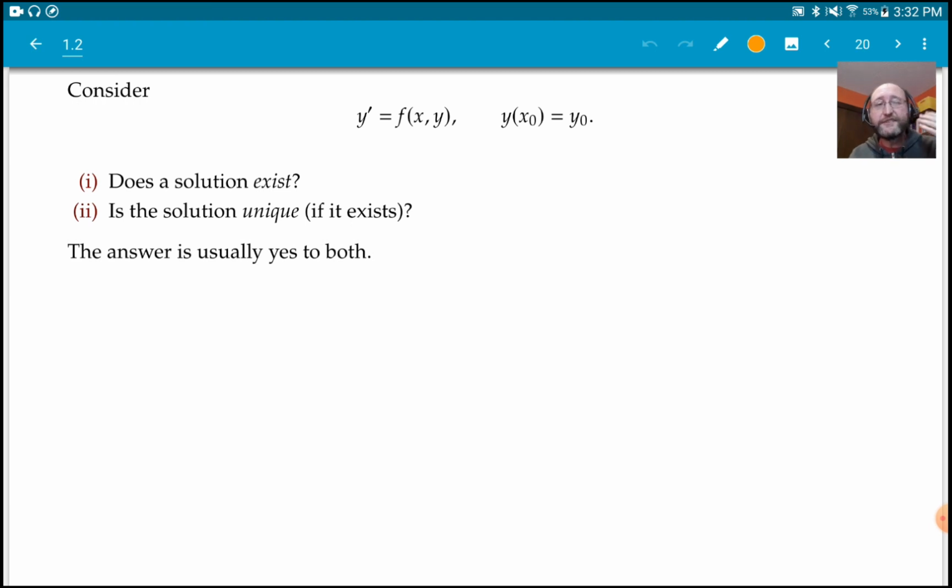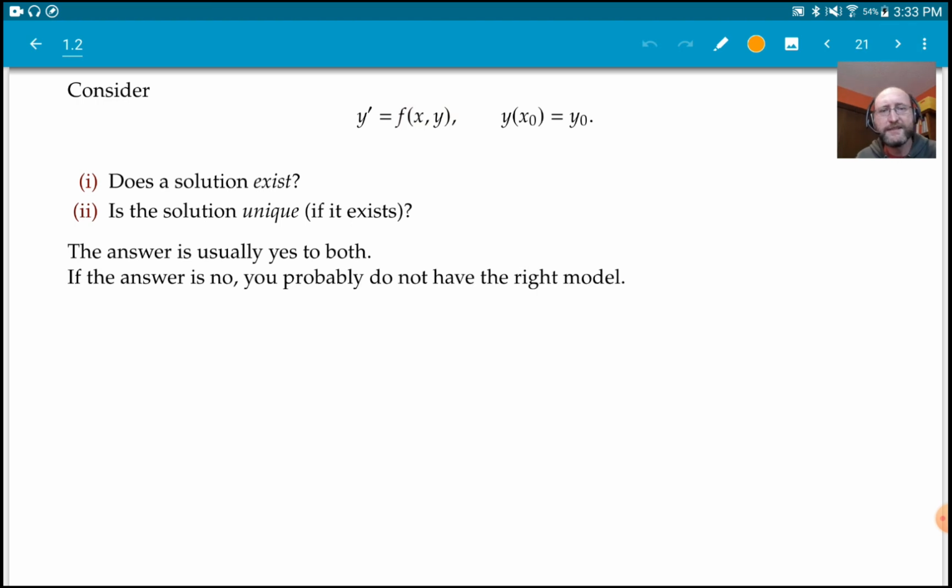So the answer is usually yes to both questions. There has to be something wrong with this f, right? And we'll see that it's called Picard's theorem. That tells you when the answer is yes to both of them. So most of the time it's yes, but not all the time. And it doesn't have to be really weird equations.